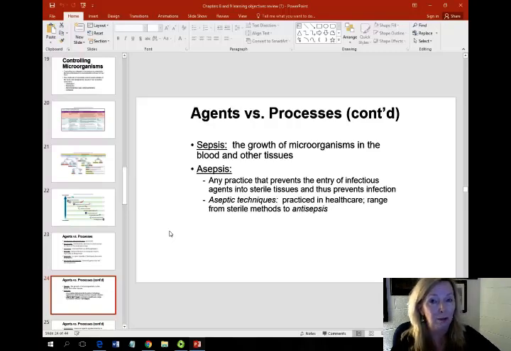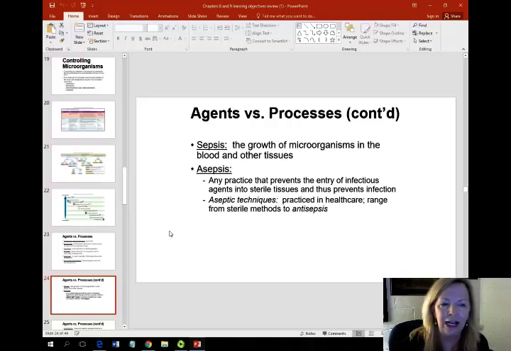So what you try to do is prevent sepsis from happening. You want to use aseptic techniques, trying to be as careful as we can, especially if we're doing invasive procedures on a patient, to reduce the organisms as much as we can, using sterile technique when we have to.